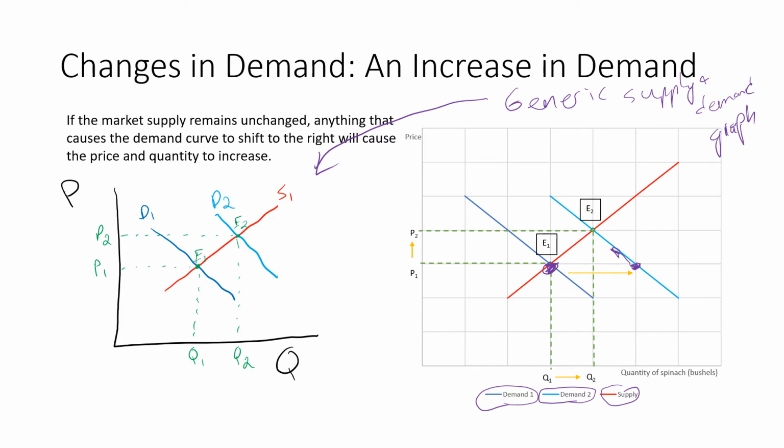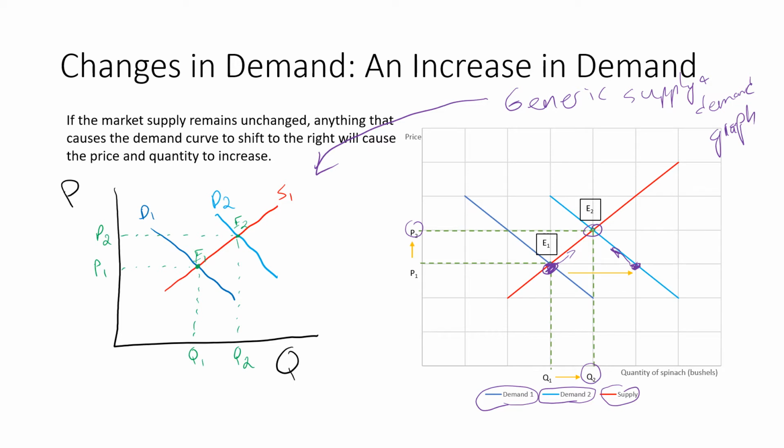On this side, suppliers are going to respond by increasing the supply because price is going up, and eventually they're going to meet at our new equilibrium point, which is going to be E2 here, and we're going to have a new price and a new quantity demanded and supplied.